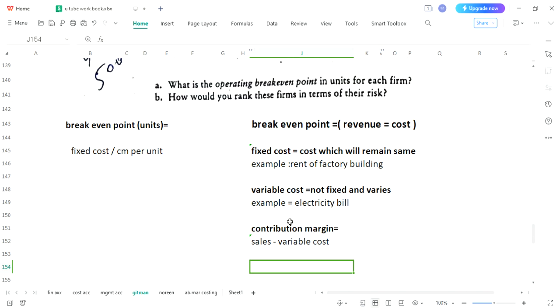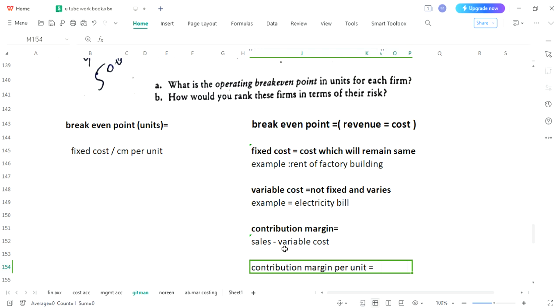Besides this, please note it down, we have contribution margin per unit. In a similar way you can calculate your contribution margin per unit as well. But for this, you will make a slight change to your first formula. Look over here, the formula for contribution margin is sales minus variable cost.